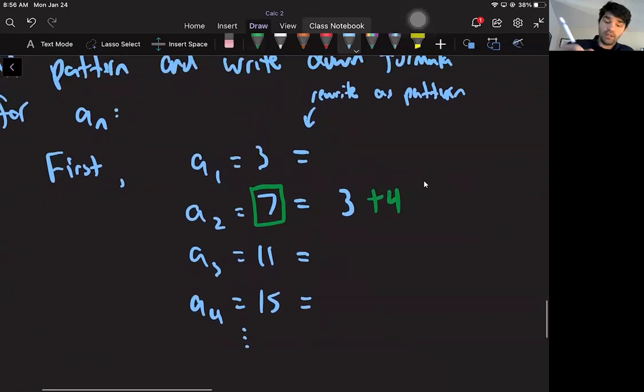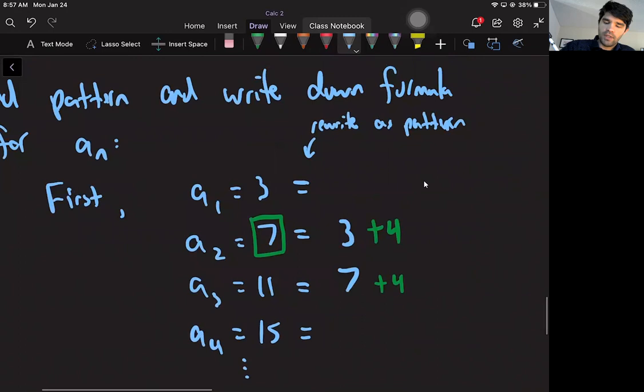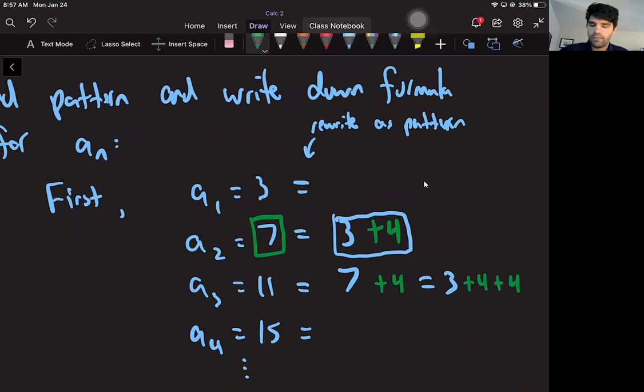And then the next one is another plus 4. So if I just wanted to do plus 4, I could say, okay, well, it's 7 plus 4. But then I can think about, well, actually that 7 was really this. So in fact, I could think about it as 3 plus 4 plus another 4.